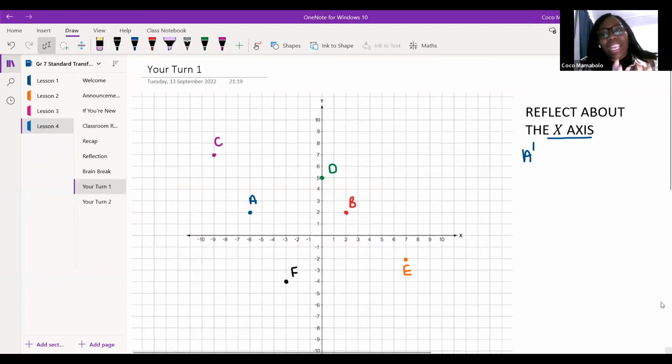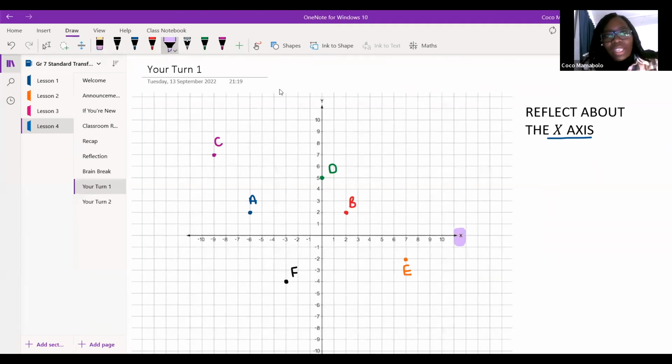Don't forget to label them, guys, because if you just pop a random coordinate in the chat, I'm not going to know what it is. Remember to write A in front of it. So write A prime, open brackets, give me the other coordinate, not the one that you're looking at. If A is over here, I need you to give me the coordinate of A prime, this one over here. And count properly, guys. X is my mirror.